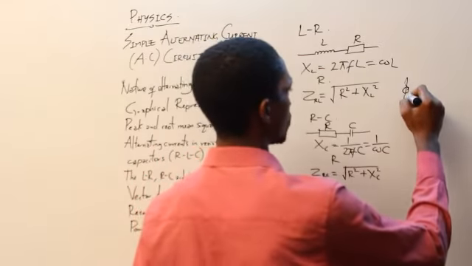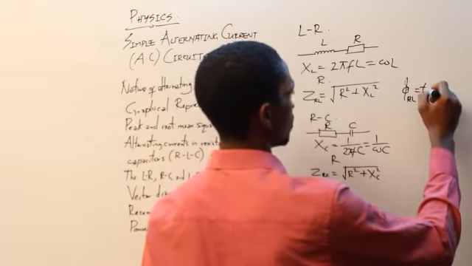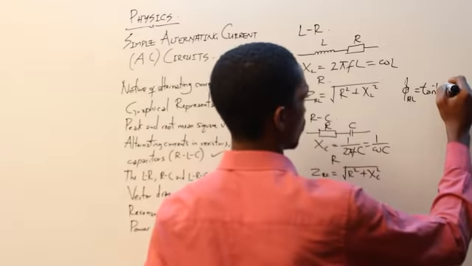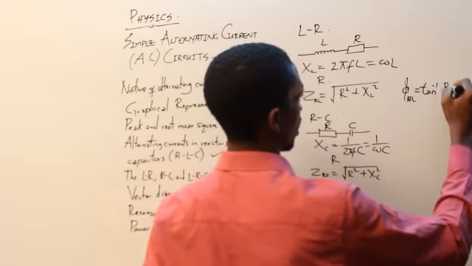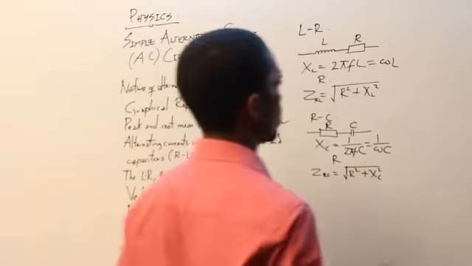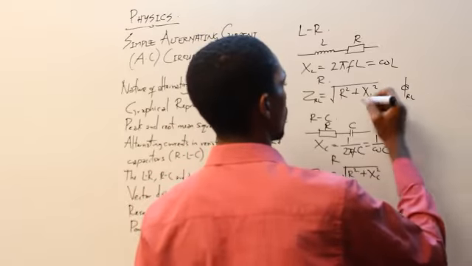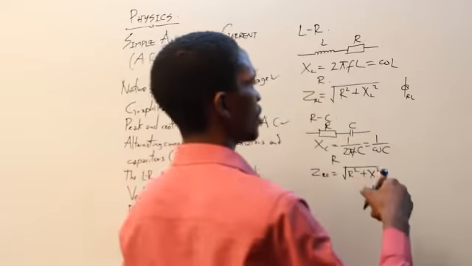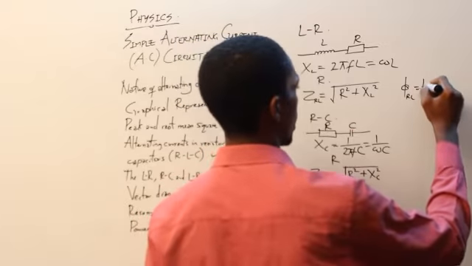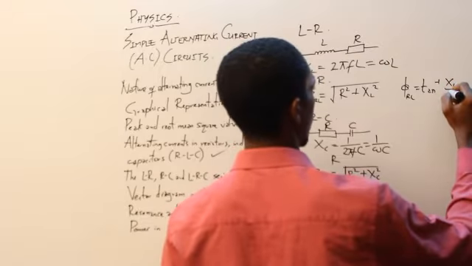The phase angle of the RL circuit is calculated by arctan of XL over R. I forgot to mention this earlier: the phase angle of our inductor resistor connection would be given by the arctan of XL over R.